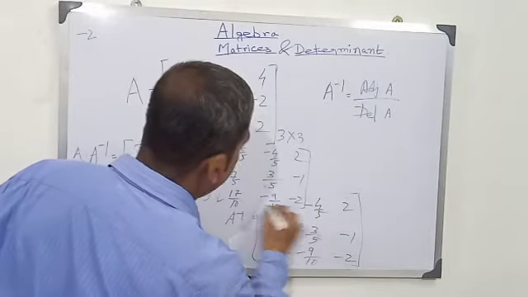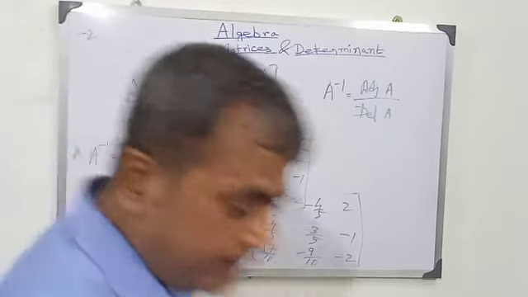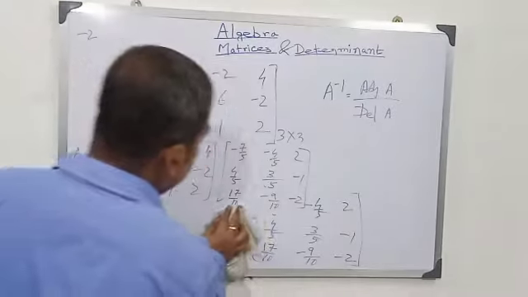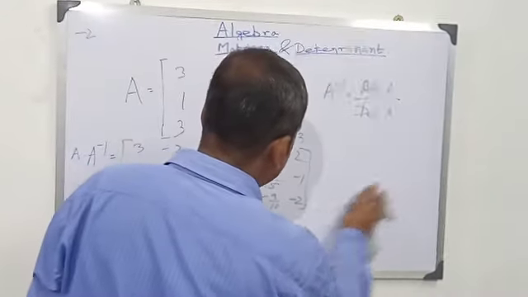So we have A inverse. We can find this multiplication very easily.